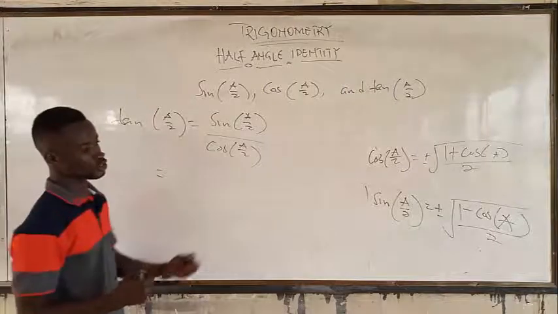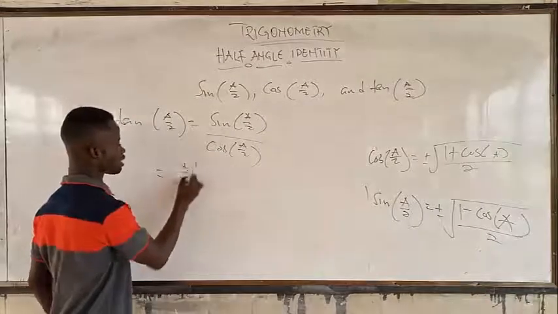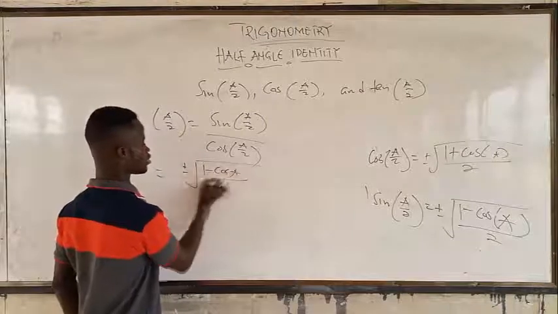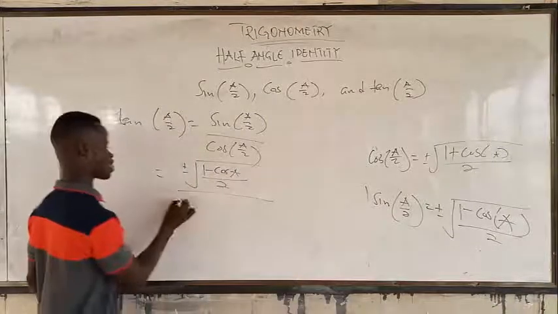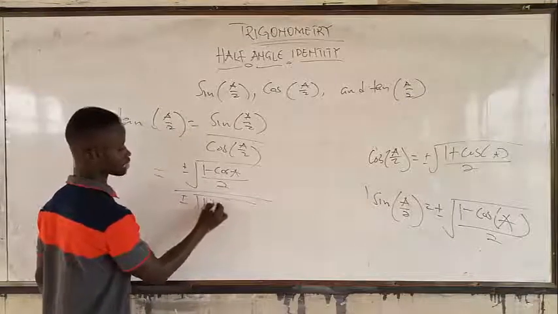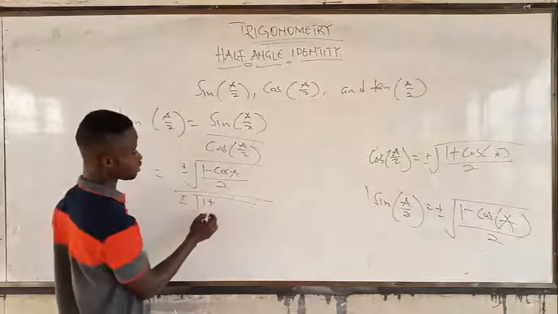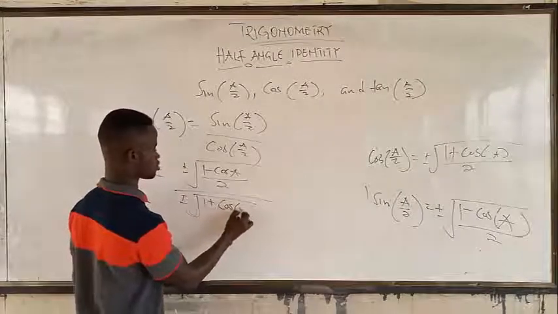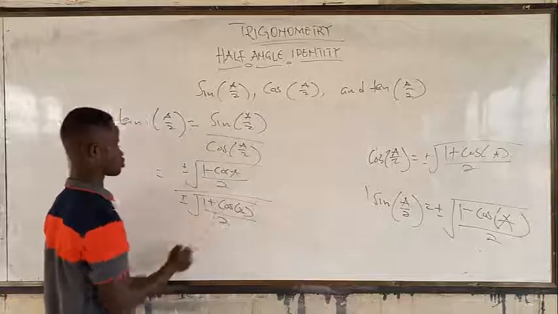Sine A over 2 is plus or minus the square root of 1 minus cos A over 2, over plus or minus, that is the cos, the square root of 1 plus cos A over 2.